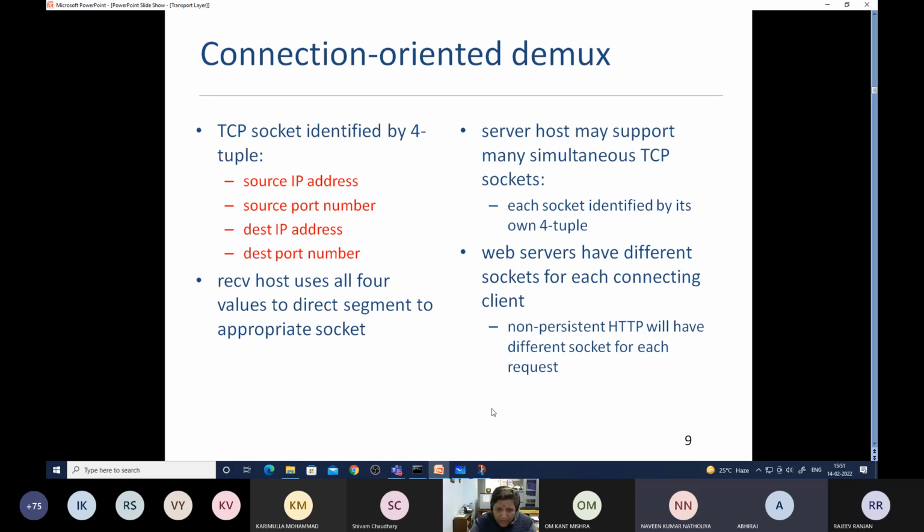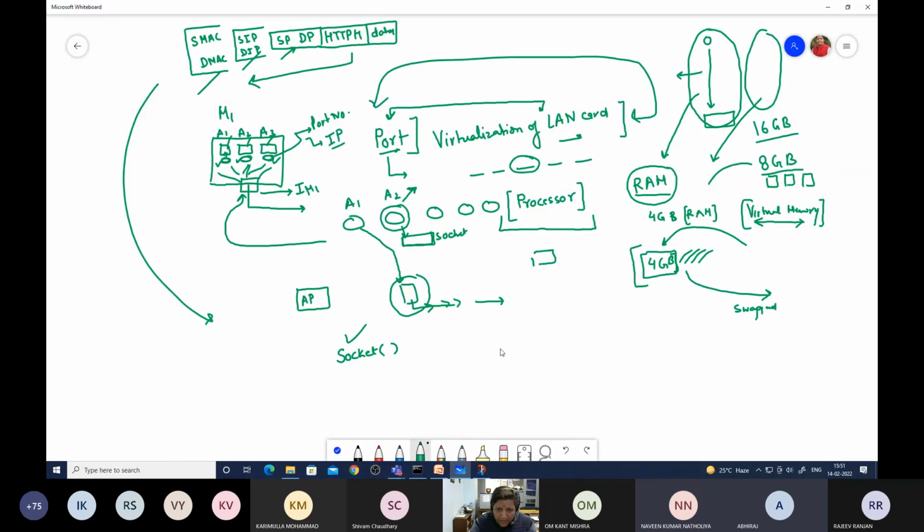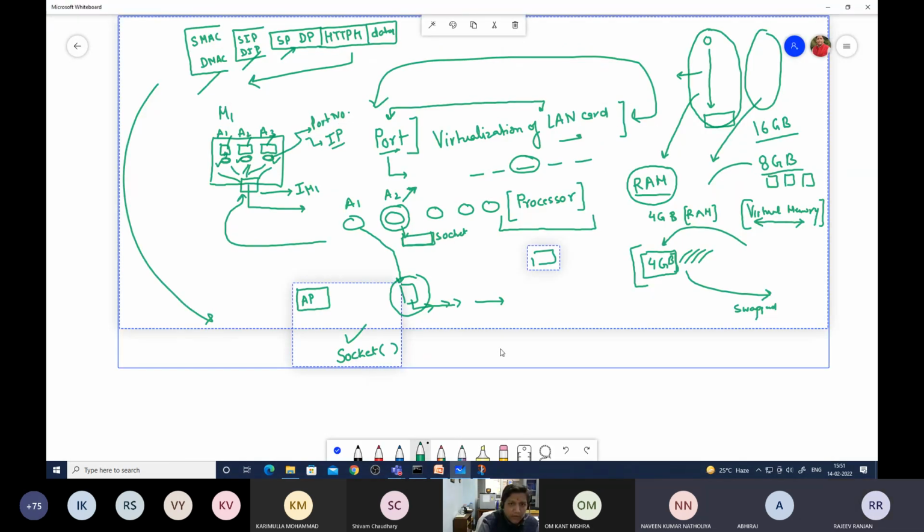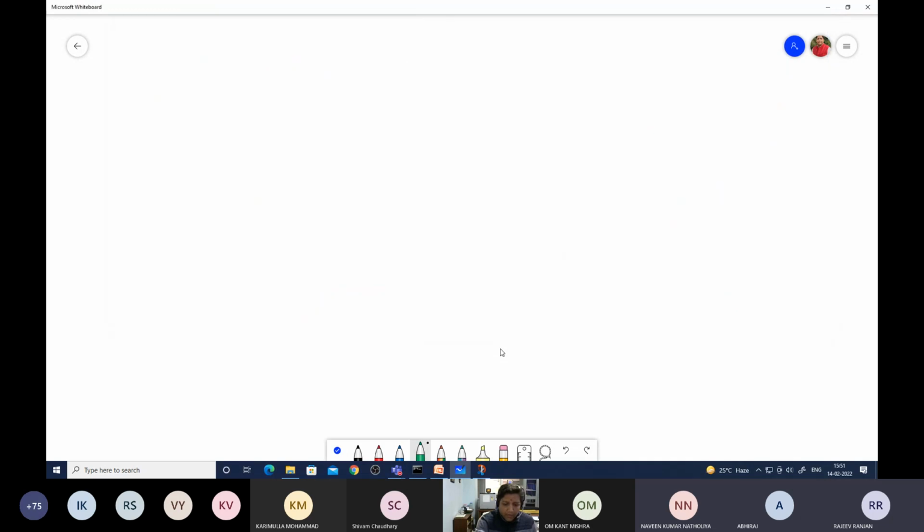Now, just to elaborate on this, please be with me, it's important. Suppose there is a web server. That web server program would be running on the web server, and the server program has opened a socket.